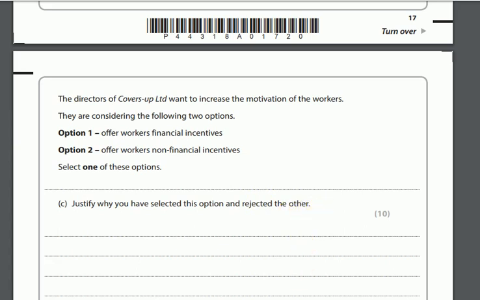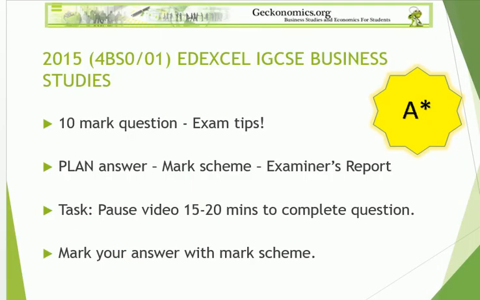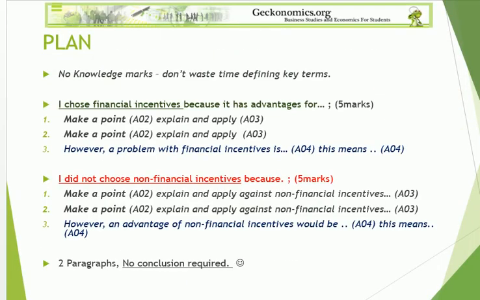So a plan for this question would look something like this. There's no knowledge marks, so no need to define key terms. Go straight into your answer. I chose financial incentives because it has advantages such as, make 2 points and explain, and apply that to Covers Up Limited, looking at the case study.